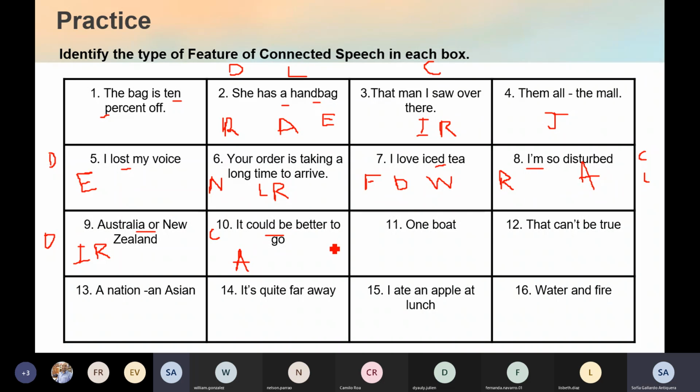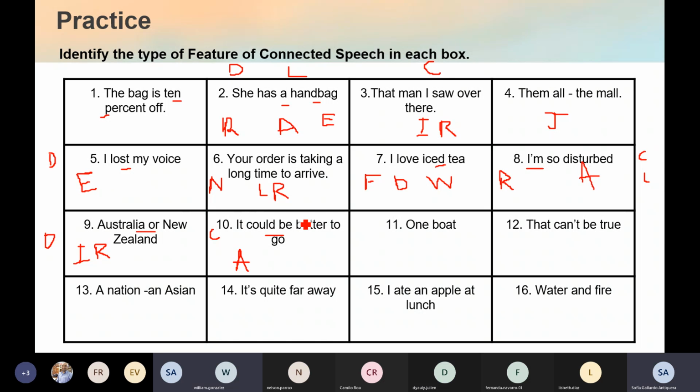Okay. Now, 11. What do you think happens there? Elision. Explain to me, where do you think elision happens? Okay.